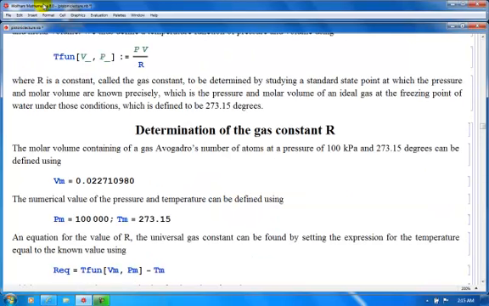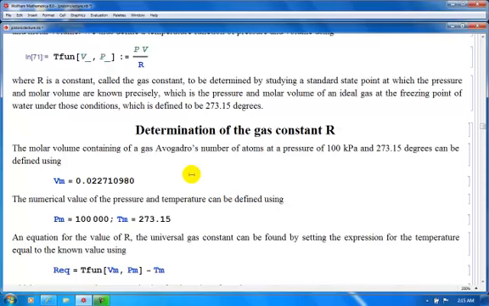So let's define this temperature function T of V and P to be PV divided by some constant R, and this constant is called the gas constant, and it's to be determined by studying a standard point at which the pressure and molar volume are known precisely, which is the pressure and molar volume of an ideal gas at the freezing point of water, which is defined to be 273.15 degrees.